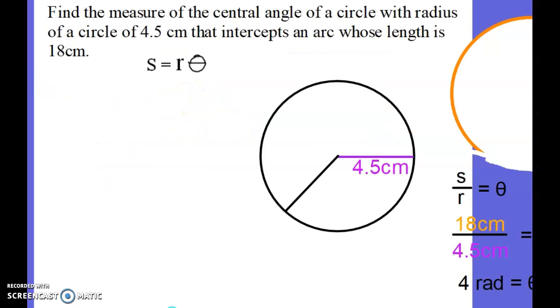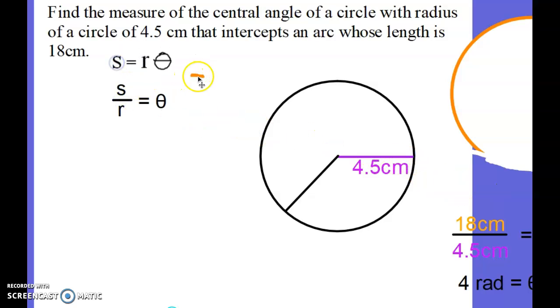So that time we solved for r. The next question, we're going to be solving for theta. Find the measure of the central angle. Notice theta is being multiplied by r, so all we have to do is divide both sides by r, and we will get this equation.